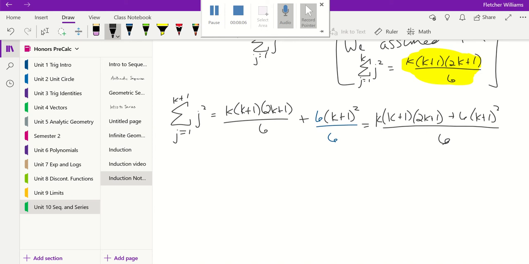I noticed looking at those terms that here's a k plus 1, and here's a k plus 1 squared, so I can take a k plus 1 out. So that's equal to k plus 1 times k times 2k plus 1 plus 6 times k plus 1. There's just one k plus 1 left over there.